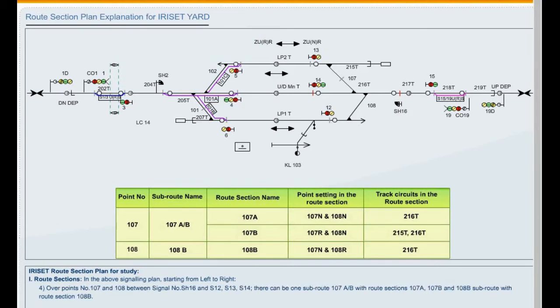Over point number 107 and 108, between signal number SH16 and S12, S13, S14, there can be one subroute 107A by B with route sections 107A, 107B and 108B, and a subroute with route section 108B.